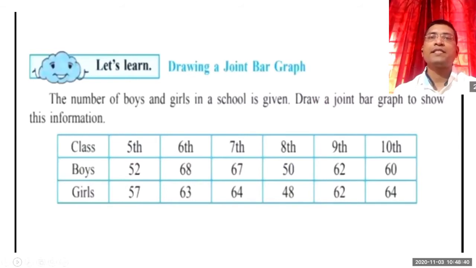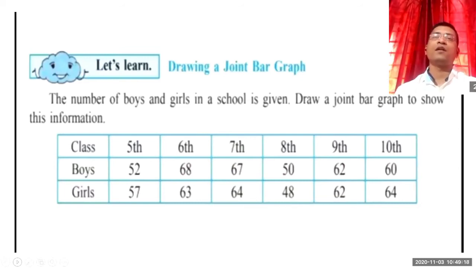So students, let's learn drawing a joint bar graph. The number of boys and girls in a school is given. Draw a joint bar graph to show this information. The table gives classes 5th to 10th.